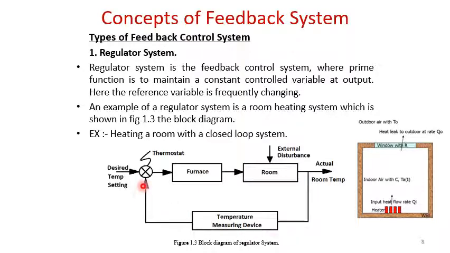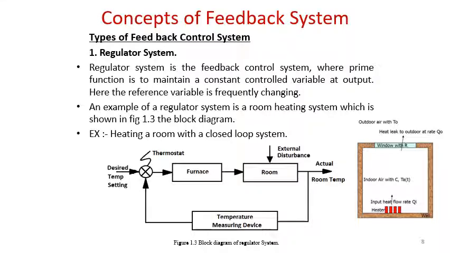The room temperature has reduced, so when compared to the set temperature, the desired temperature, there will be a difference. The thermostat will actuate and give a command to the furnace to further increase the heat input so that the room temperature increases.